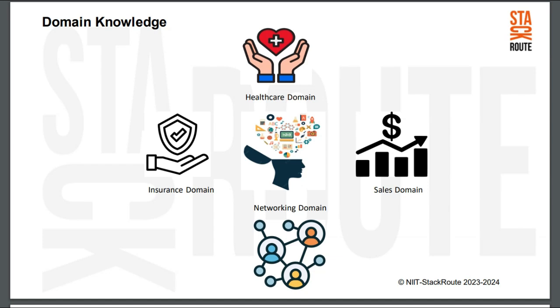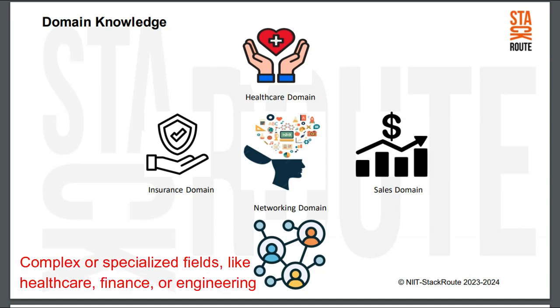It is essential to know before building software because it helps ensure that the software meets the needs and requirements of its intended users. Domain knowledge is particularly important for software used in complex or specialized fields such as healthcare, finance, or engineering.